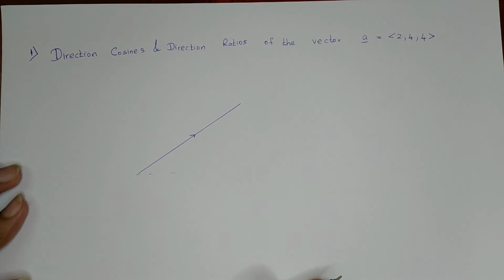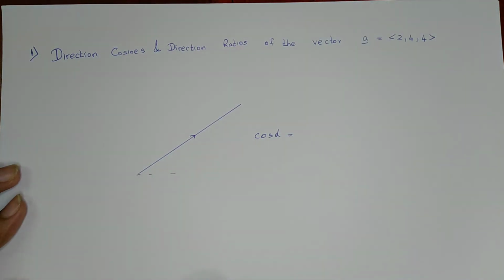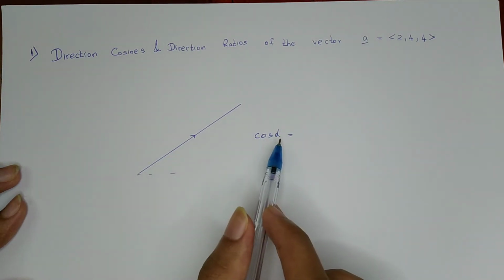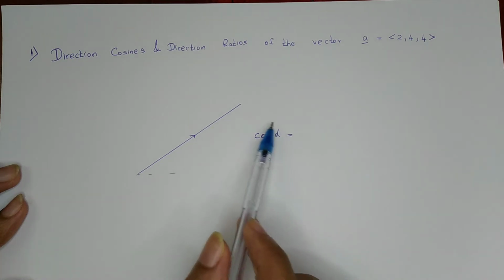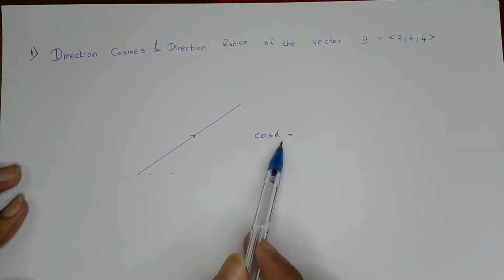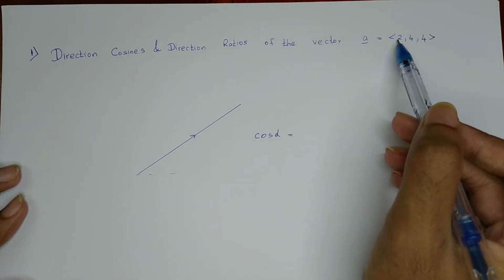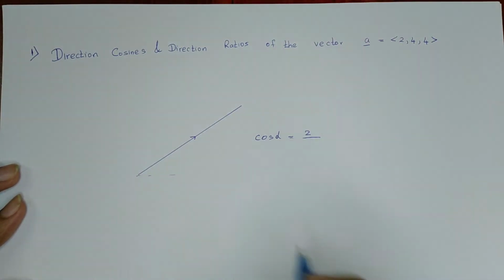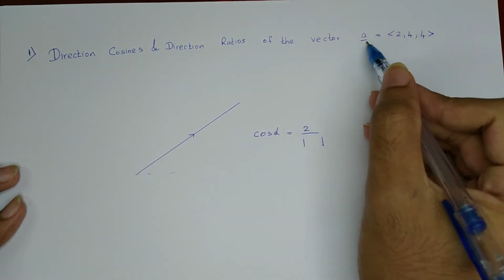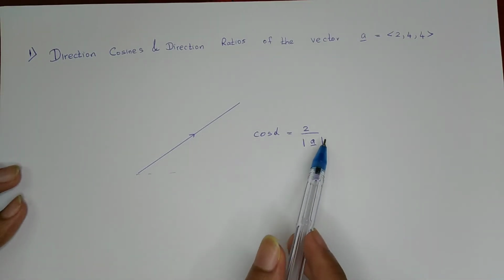The beautiful thing is, you can directly write the direction cosines using these values. You need to use cos alpha equals, let's say alpha is the angle between the direction vector and the x-axis. So remember, to find the value of cos alpha, cos alpha would be equal to the x value of this vector, if you consider it as x, y, z, divided by the mod of a.